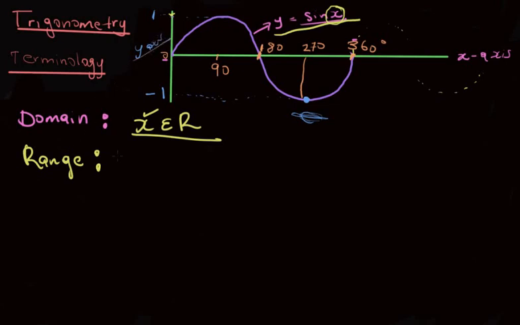The range is concerned about the y values possible for a specific function. So you see there is no number possible for y in this function if y is less than -1.